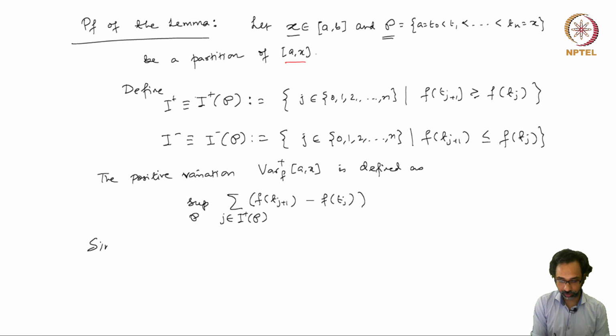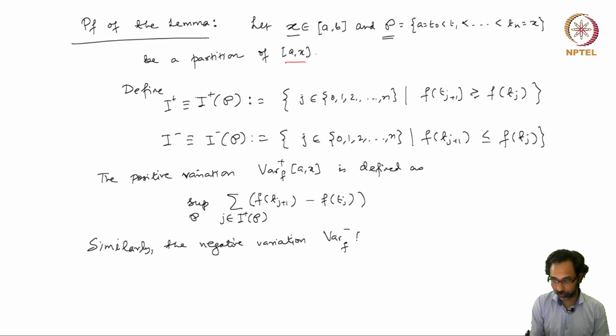Similarly, we can define the negative variation, denoted by Var minus of f on [a,x], with a similar formula.